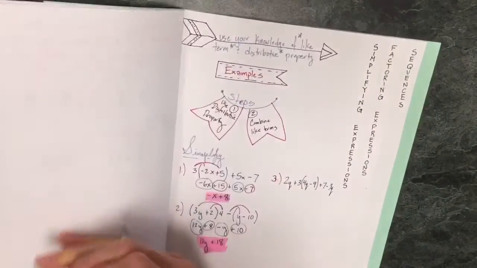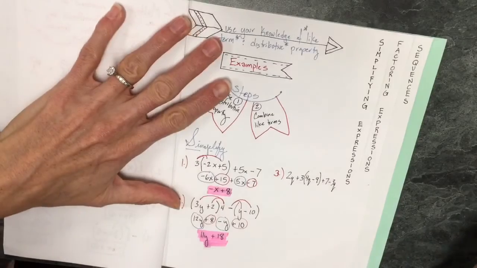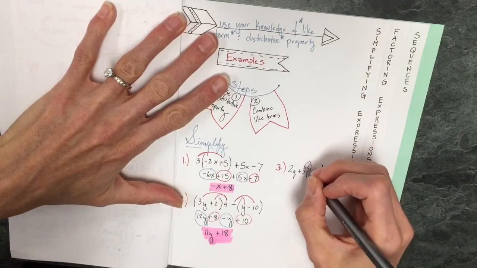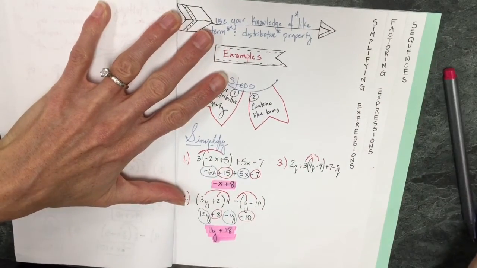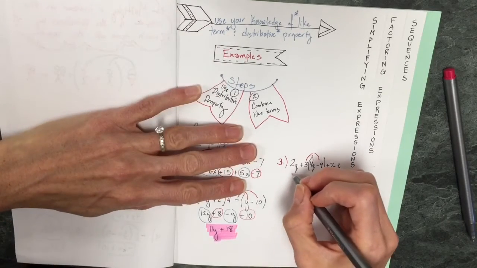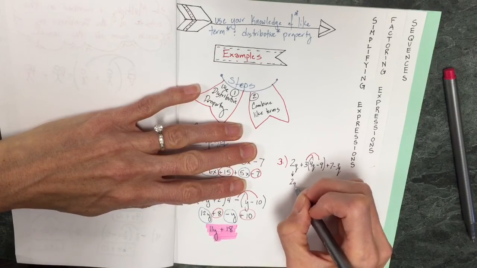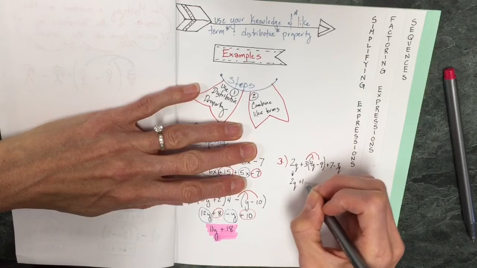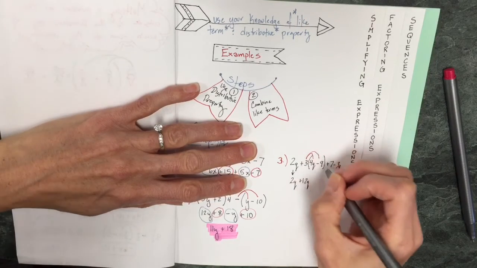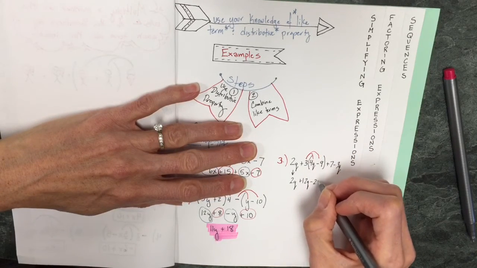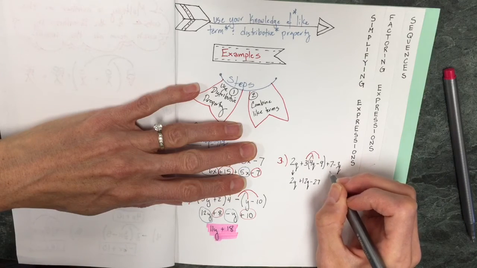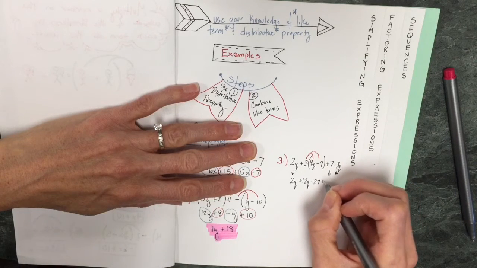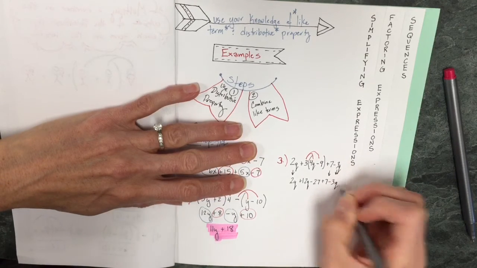Okay, so the first thing we're going to do is distribute this 3 to get rid of the parentheses. So this 2q, it doesn't go anywhere yet, so we just bring it down. This becomes 12q, and 3 times -9 is -27. And then you just bring these two down as well. So plus 7 minus 3q.